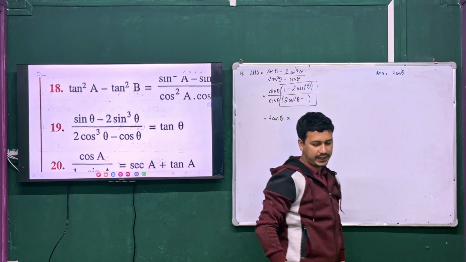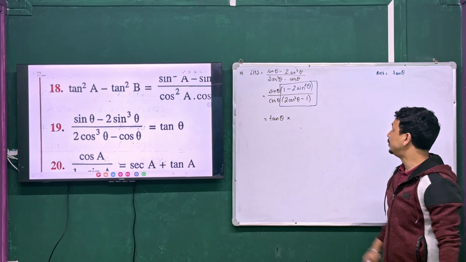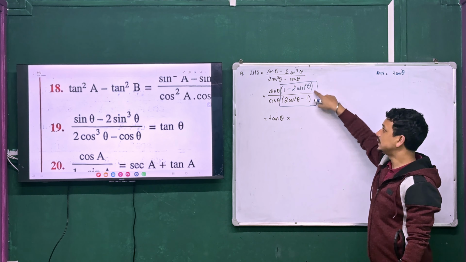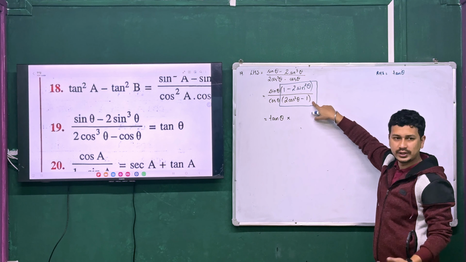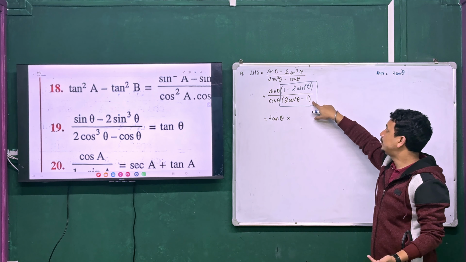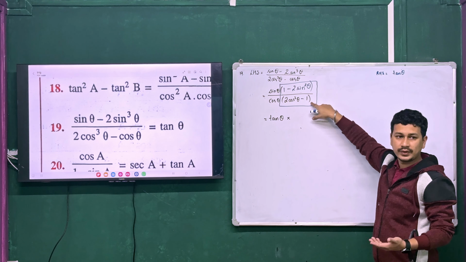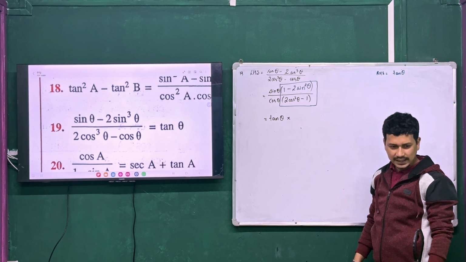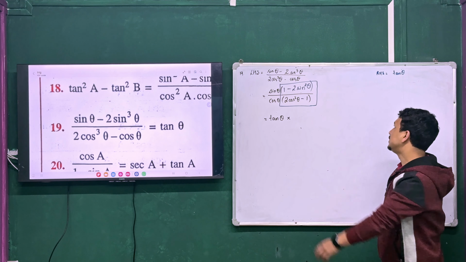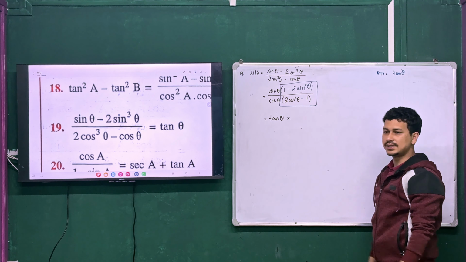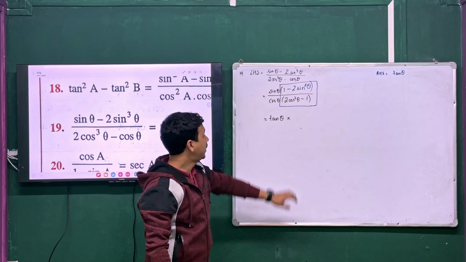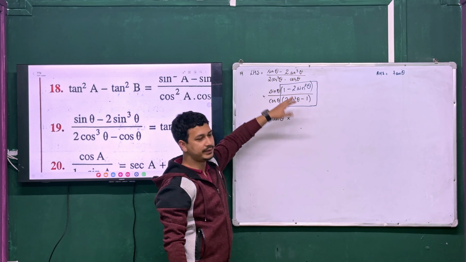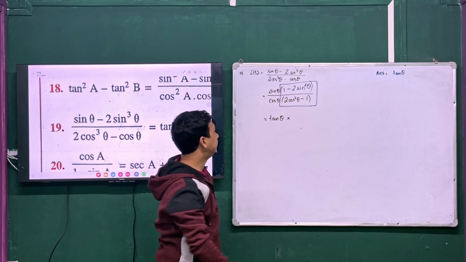Take your time. What do you think we should do here? Can I cancel them right now? No, because they're different. If you want to cancel, they should be alike, they should be the same. So how can I make them the same?